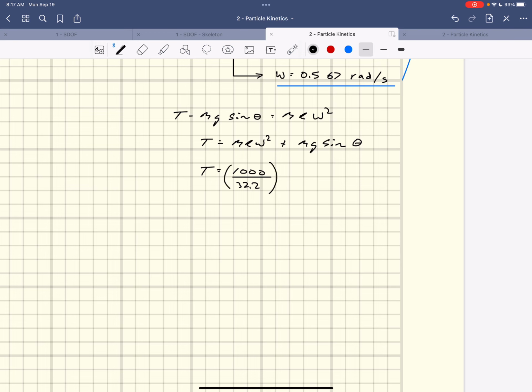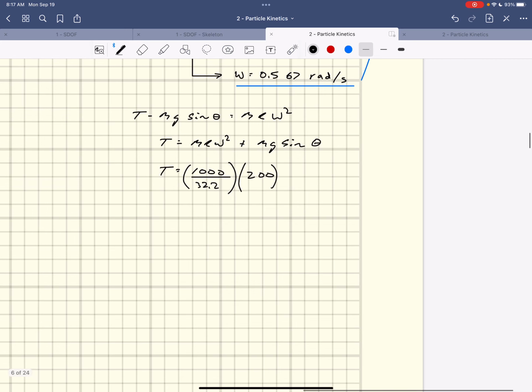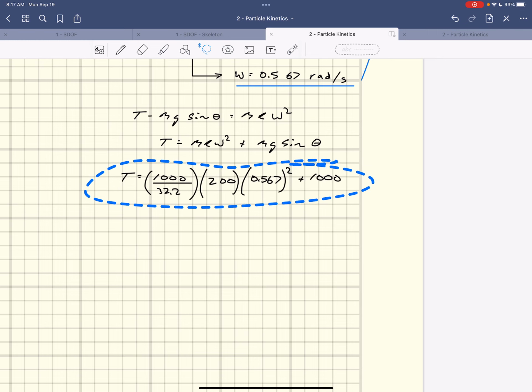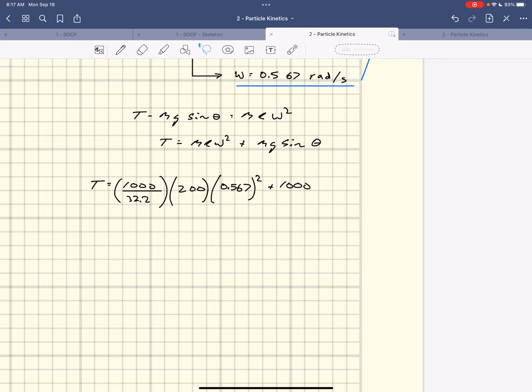That's all the mass. The radius is 200 feet, omega is 0.567, that squared, plus 1,000 times sine of pi over 2. That's what we put in for that theta, because again, we're trying to figure out the T down at the bottom. That's going to be the worst case scenario.